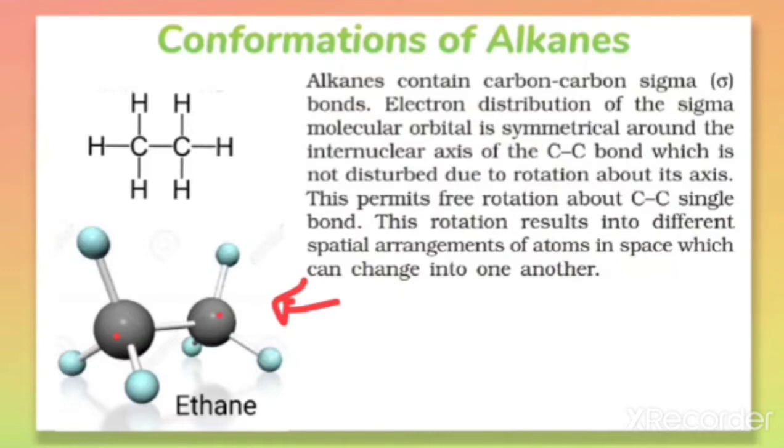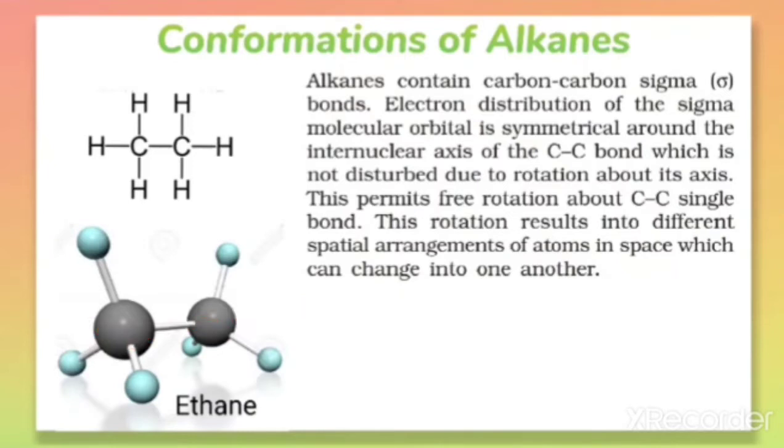So considering the ball and stick model of ethane, keep one carbon atom stationary. I am keeping this carbon atom stationary and rotating the other carbon atom around the C-C axis, and this rotation results in an infinite number of spatial arrangements of the hydrogen atoms attached to one carbon atom with respect to the hydrogen atoms attached to the other carbon atom.